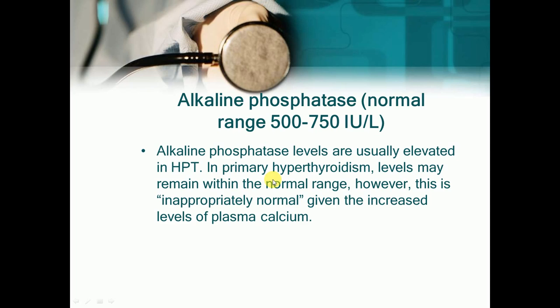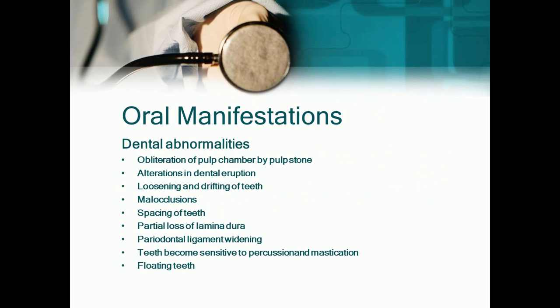So in primary hyperparathyroidism, levels may remain within the normal range. However, this is inappropriately normal given the increased level of the plasma calcium. So all these diagnostic tests are important to find out your goal.